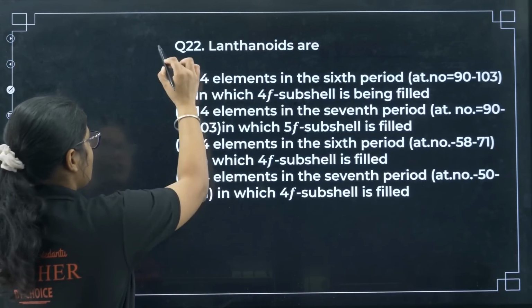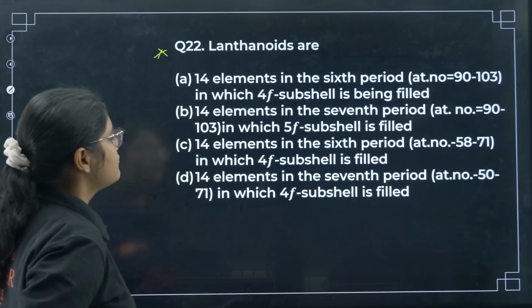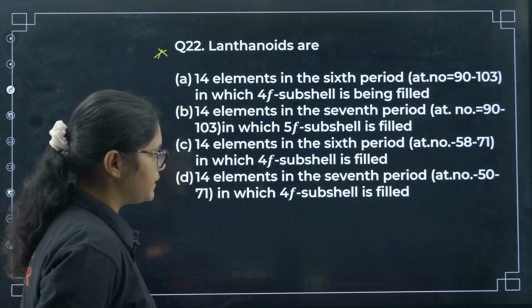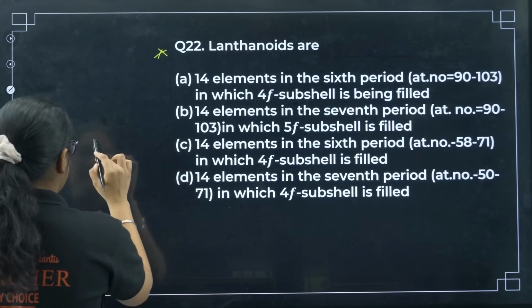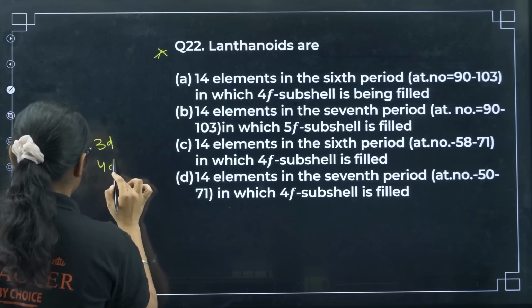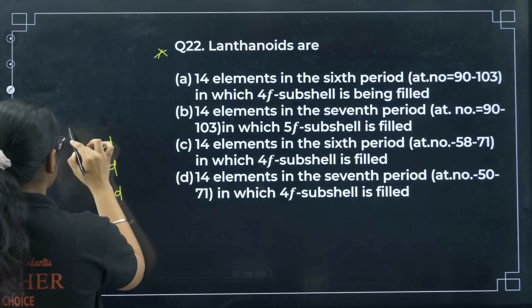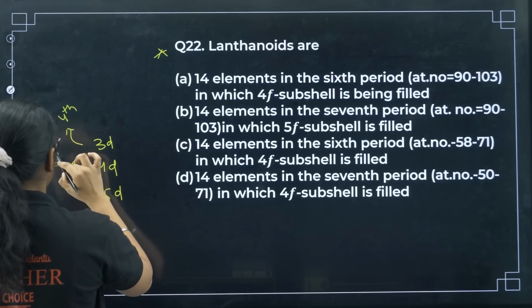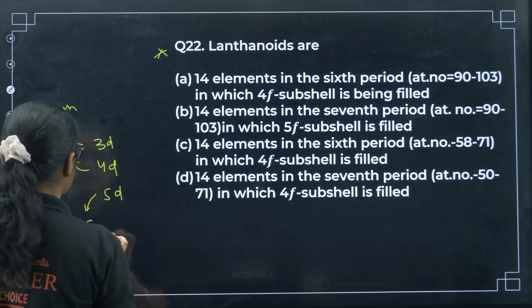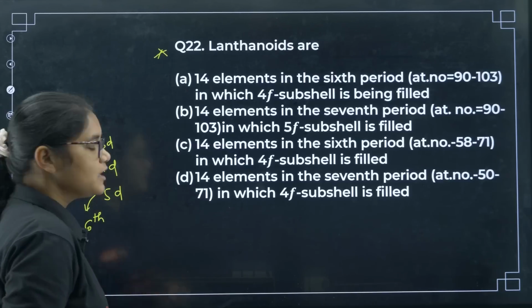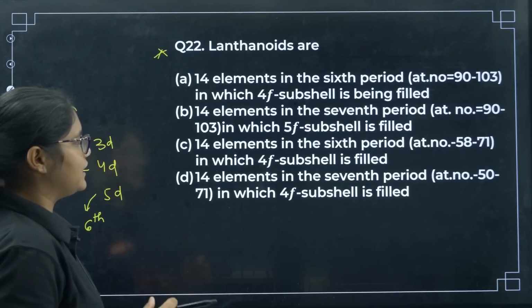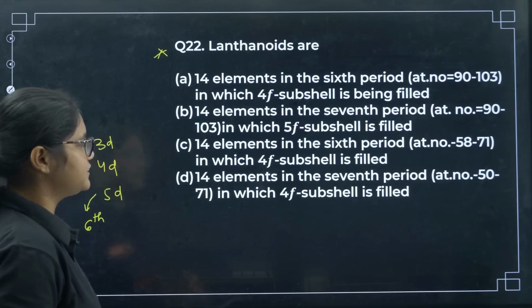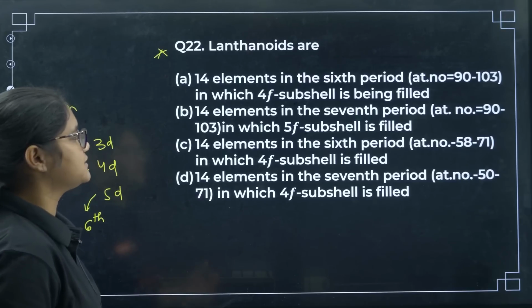Next, yes, this is important. Lanthanoids are 14 elements in the 6th period. Yes, so if you see 3d, 4d and 5d. So 3d is actually 4th period, 4d is 5th period and 5d is 6th period. Okay, so now what happens, 14 elements in the 6th period in which the 4f subshell is being filled.